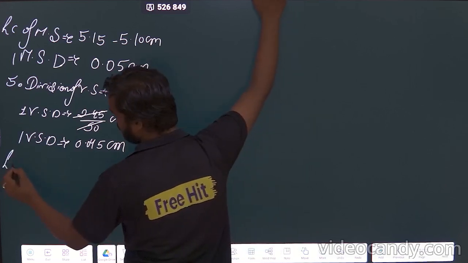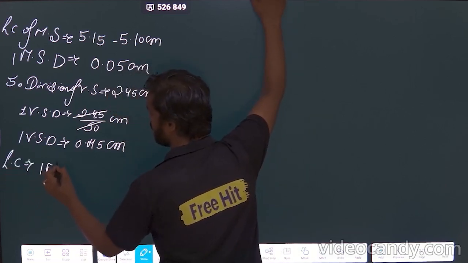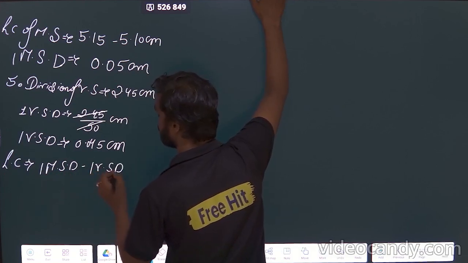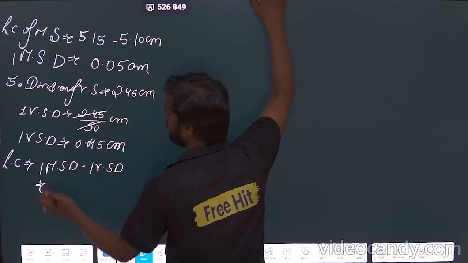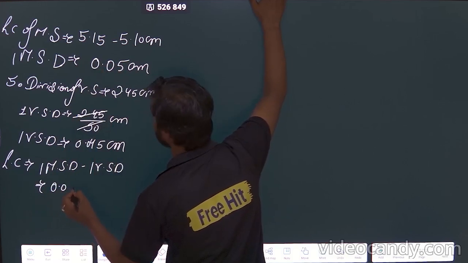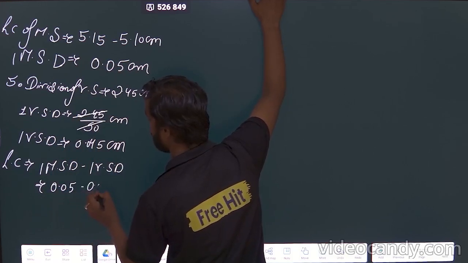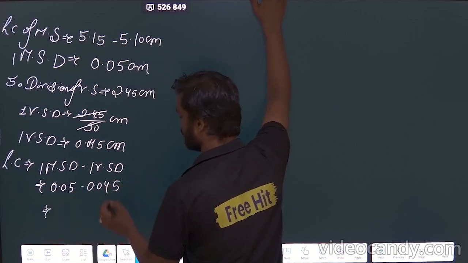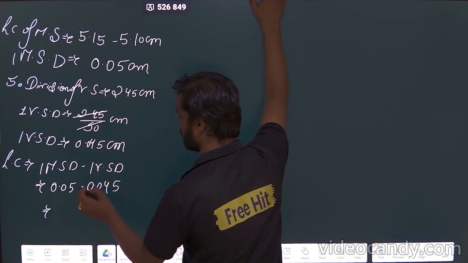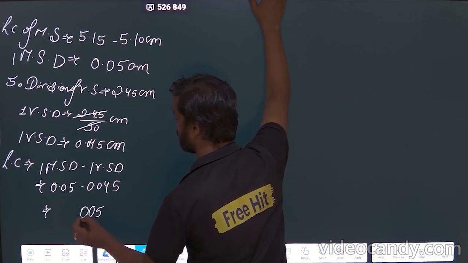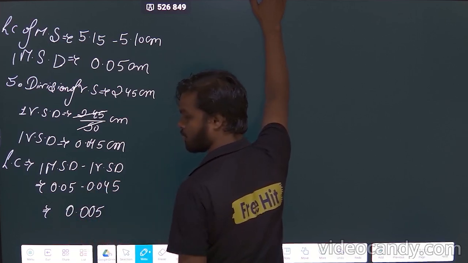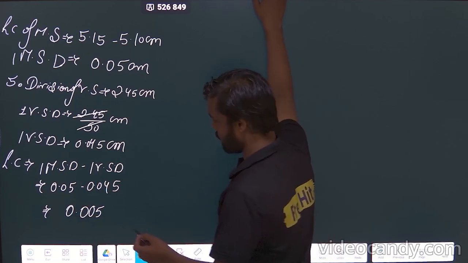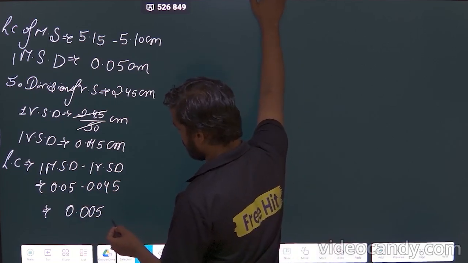So can I tell my least count? Yes. What is my least count? One main scale division minus one vernier scale division. So this value will be how much? 0.05 minus 0.045. So this value will become how much? 0.005 centimeter. Is it correct or did I do something wrong?